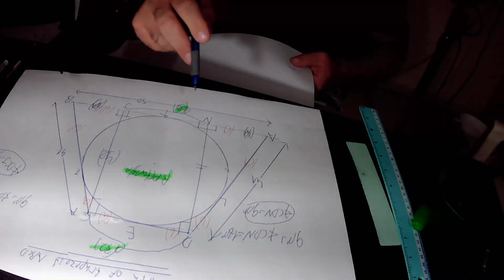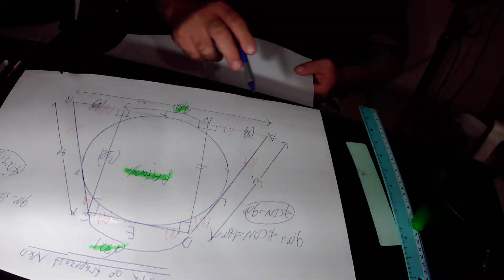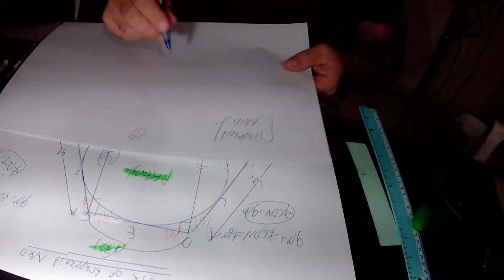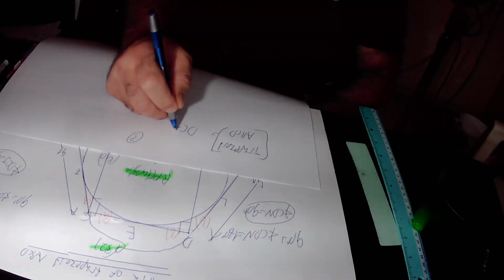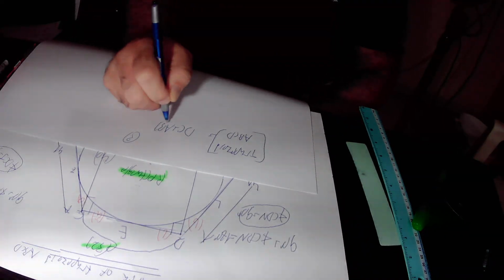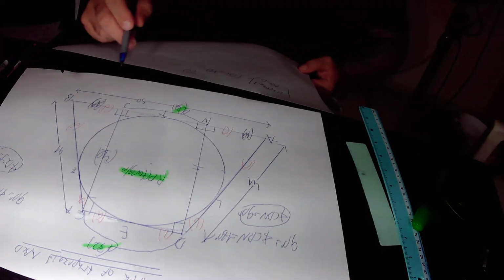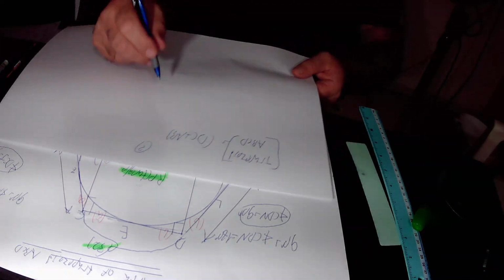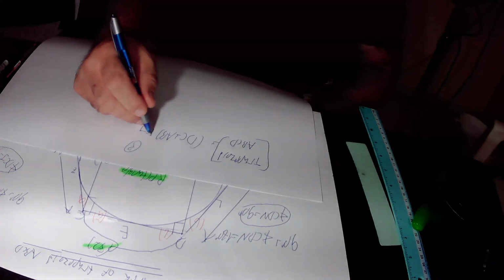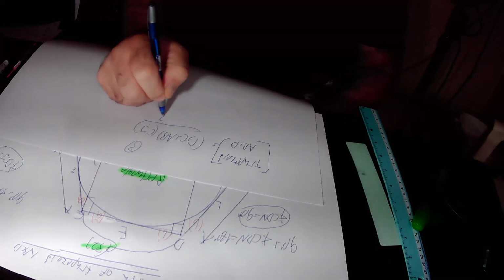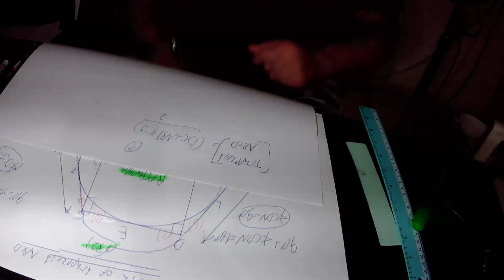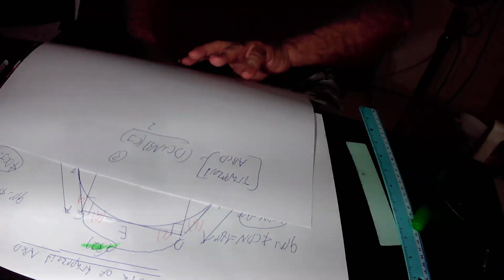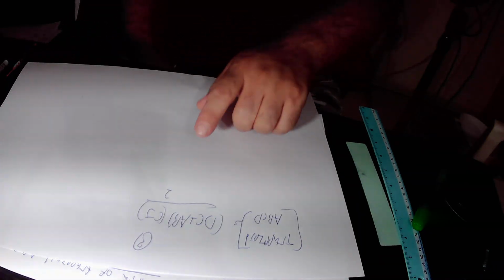Its two parallel bases are DC and AB. So it is DC plus AB times the height, which is CJ, over 2.